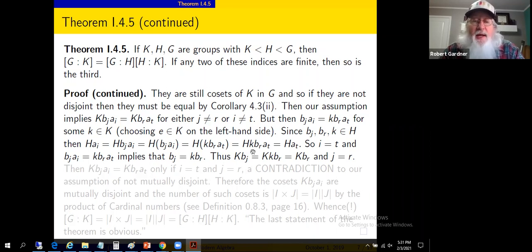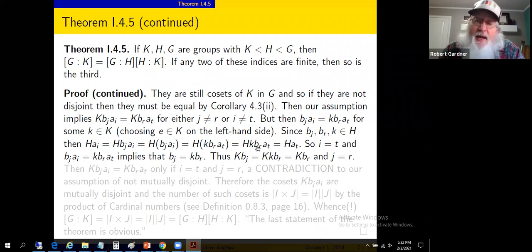And just like I was able to introduce a product on the right by an element of H here, I can absorb elements of H into that set. We've got H times K on the right, but K is an element of H. So that K can be absorbed in H and you get the same set. B sub R was in H as well, so it can be absorbed too.